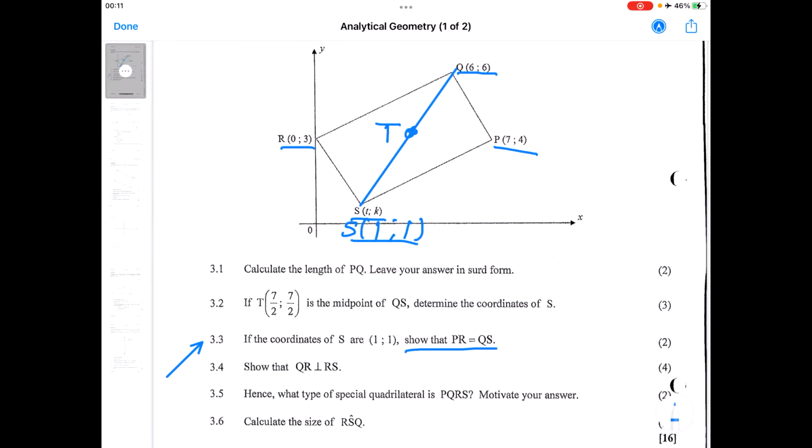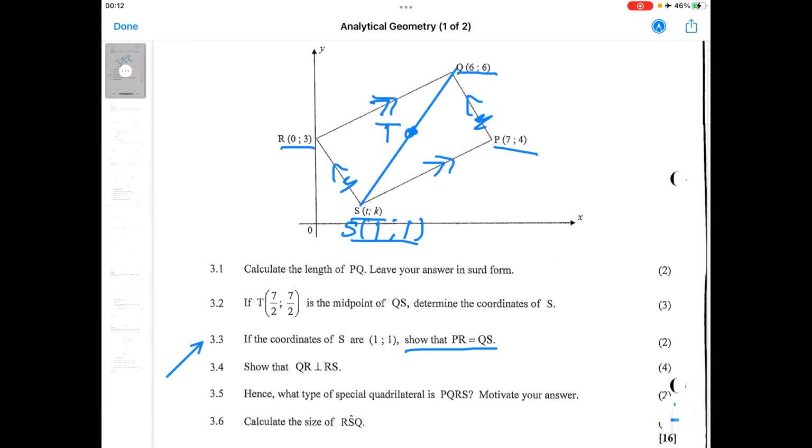So normally when you show that PR is equal to QS, this is what you'd normally do. Remember guys, they said this is a quadrilateral, which means this side is parallel to that one, and it's also equal to that one. The same here, that is parallel to that, and also that equals to that.